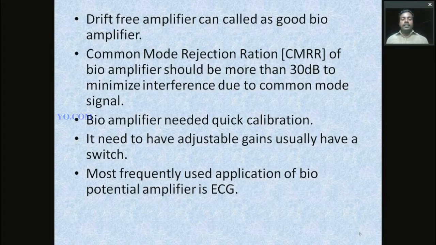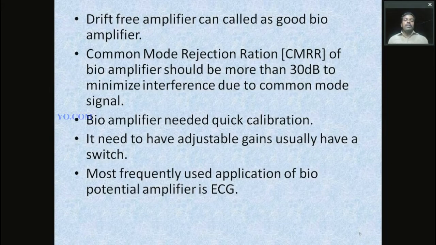Then the bioamplifier needs quick calibration. What is calibration? Adjustment to some standard value. It needs quick calibration, and then we can set it easily. It also needs adjustable gain, usually with a switch.